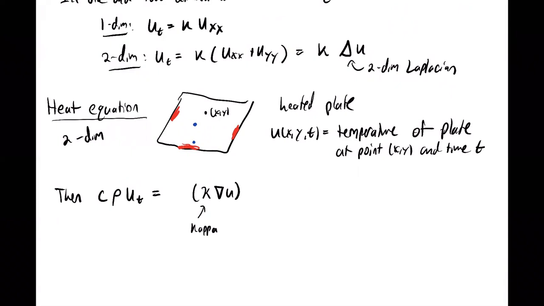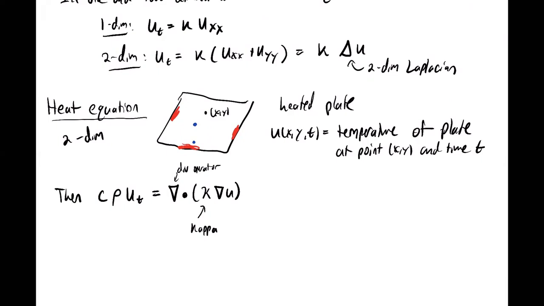And then you apply the divergence operator, right? So this kappa times gradient of u is a vector. Remember this divergence operator: you take the derivative with respect to x of the first component, and then add on the derivative with respect to y of the second component, if you're in 2 dimensions. If you're in 3 dimensions, there's one more term corresponding to the third component.